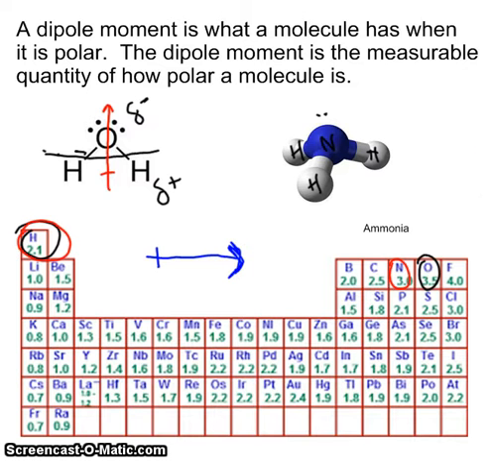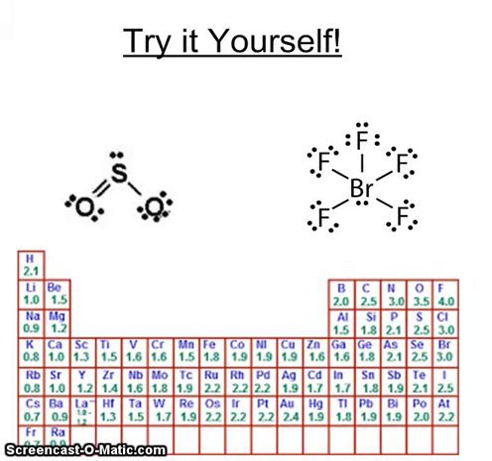So that electronegativity difference means the molecule is polar, coupled with the fact that it is an asymmetric molecule. So where is the dipole moment? Well, in this molecule, we see the hydrogens are at the bottom. So the dipole moment goes up and through there, with the positive at the bottom of the molecule.